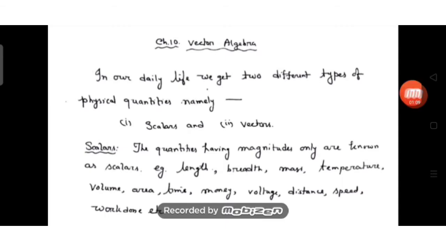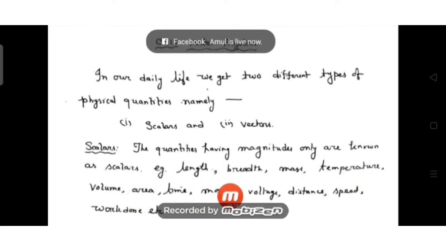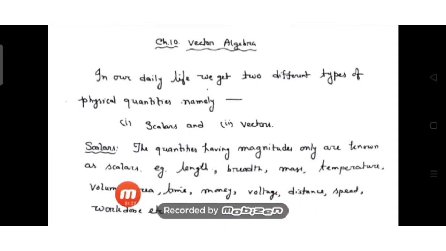For example, length, breadth, mass, temperature, volume, area, time, money, voltage, distance, speed, work done, etc. In these cases, when I say length, suppose I say 1 meter. 1 meter in which direction?